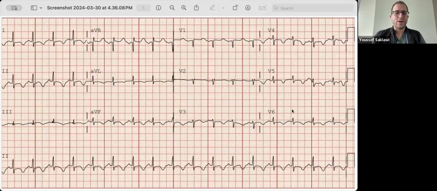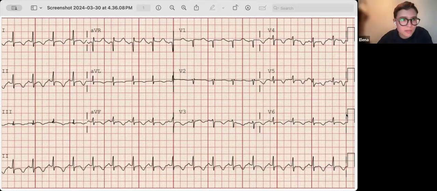Elena mentioning T-wave inversions, and in which leads do you see them, Elena? So I see them in 1 and 2 and 3 as well, and more diffuse elsewhere. Okay.